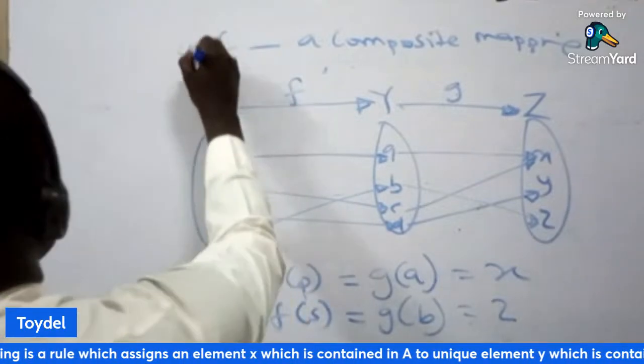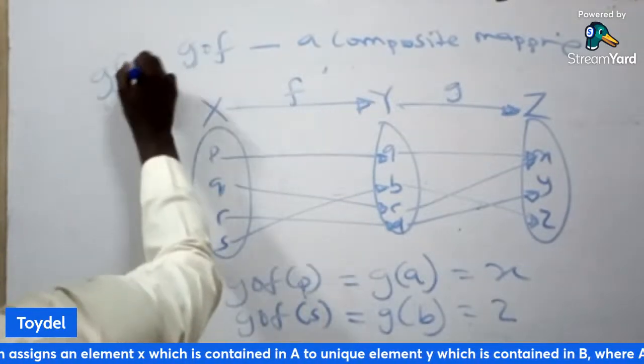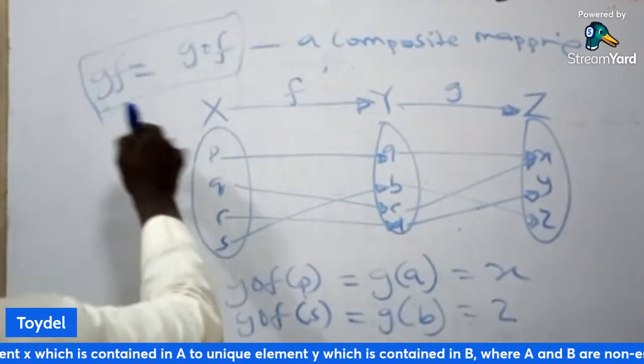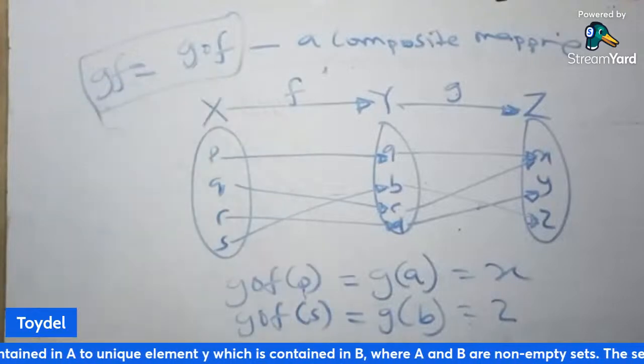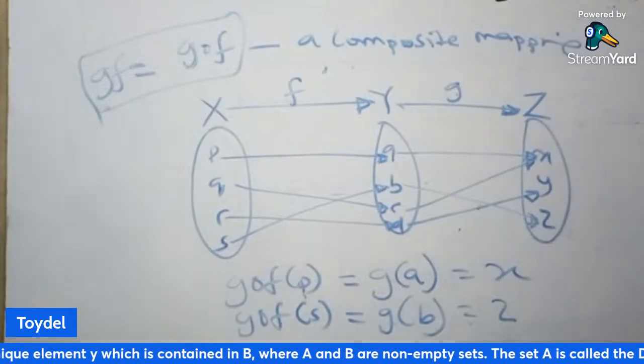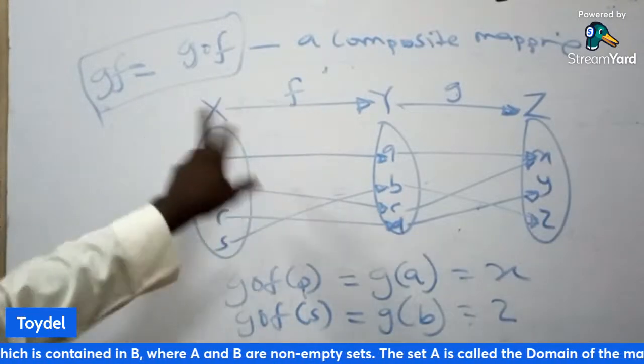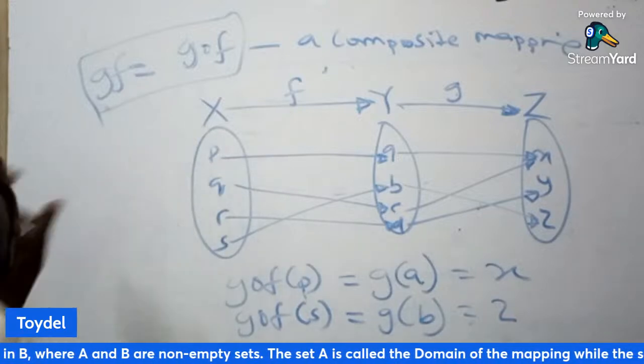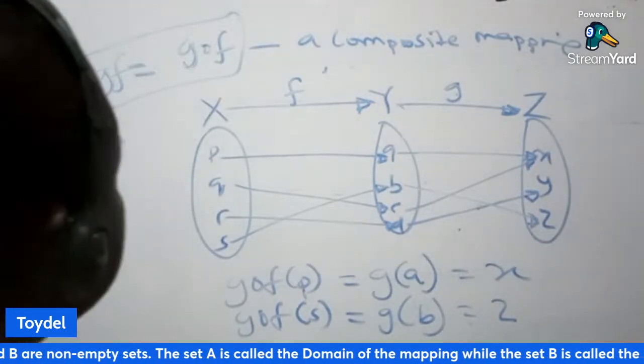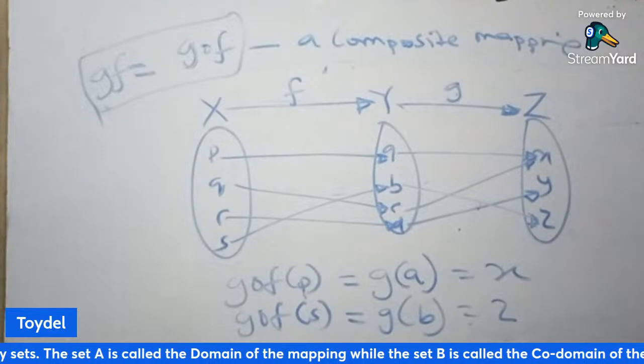In some textbooks, we only have something like GF. You have it like this, or they just write GF. So this is talking about two different relations acting on three non-empty sets. And that is what we are going to have.